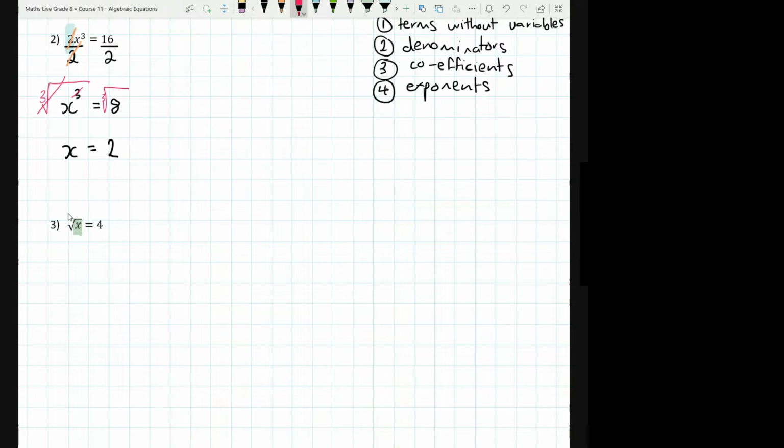It is a square. So I'm squaring this whole side. And because I did that, I square this whole section. Square root and square cancel out. What am I left with? I'm left with x on this side equals 4 squared, which is 16.